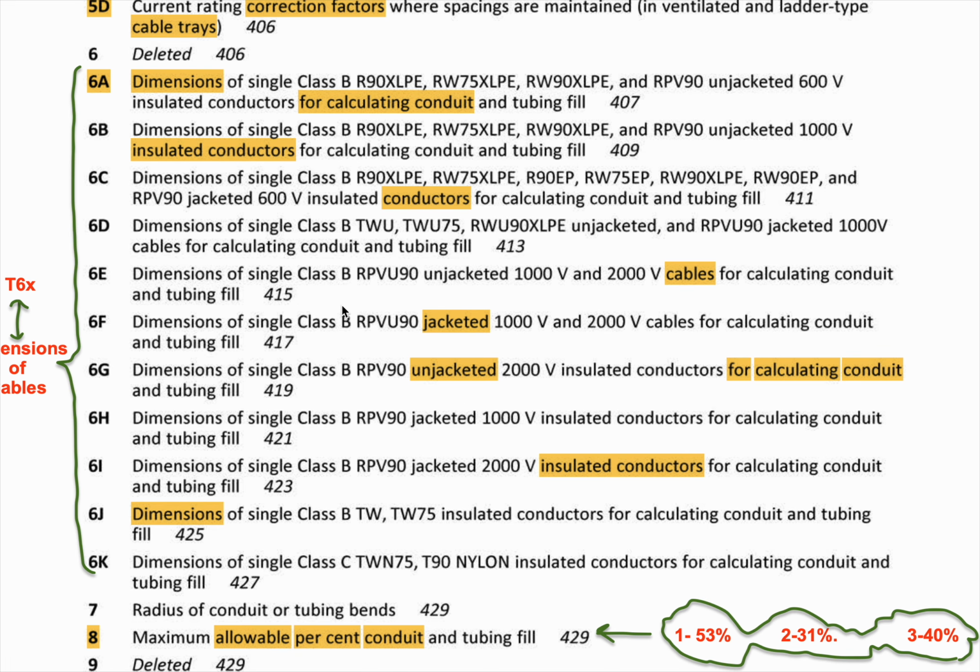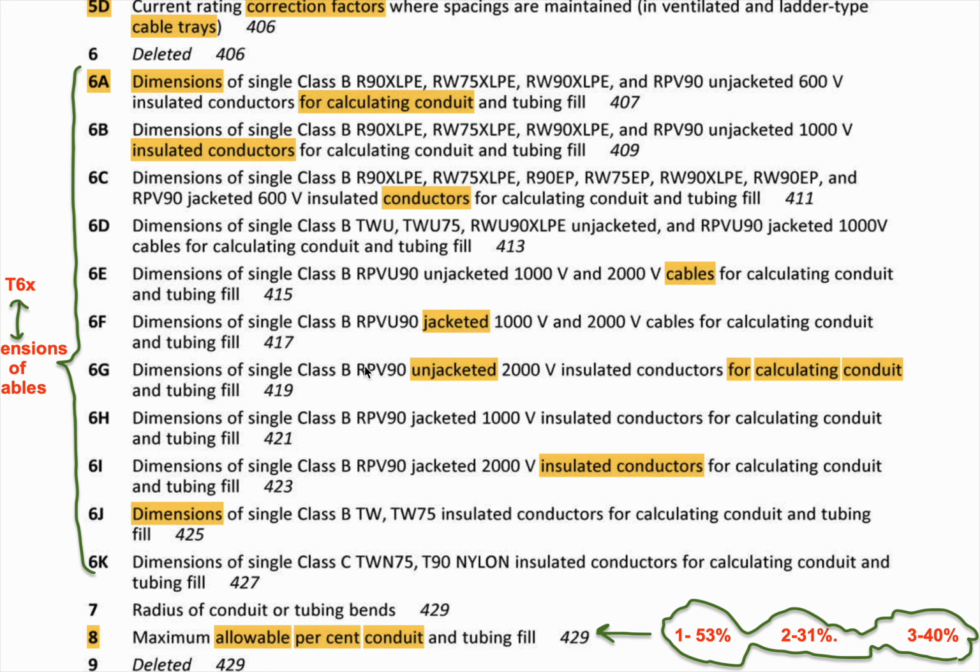So what does table 6 do for us? Imagine that we already have a load and we calculate the ampacity of the load. After correction factors, we go to tables 1 to 5. You can see the description of tables 1 to 5 in another video on my channel.